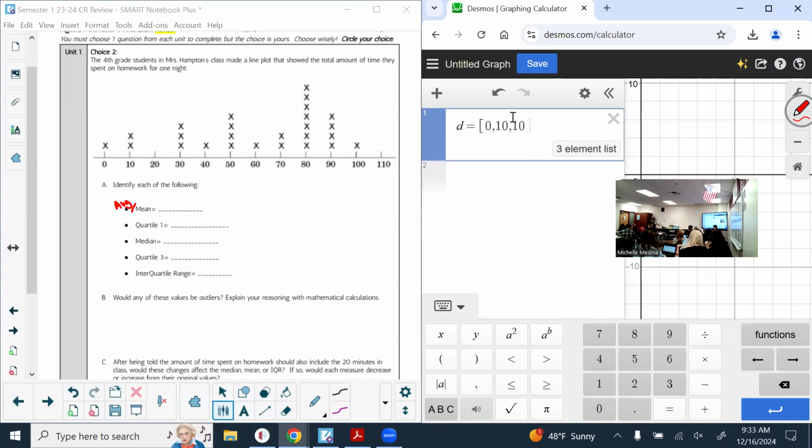So yes, if they're there multiple times, you have to list them twice. 3 30s, 3 30s, 1 40, 4 50s, 1 60, 2 70s, there is 7 80s, 4 90s.